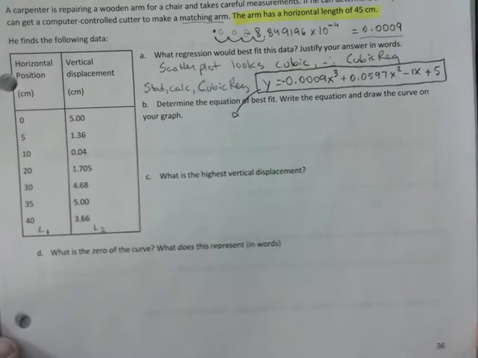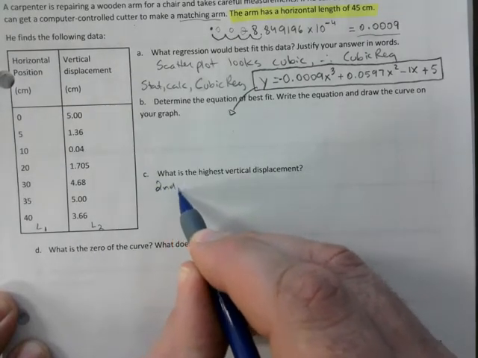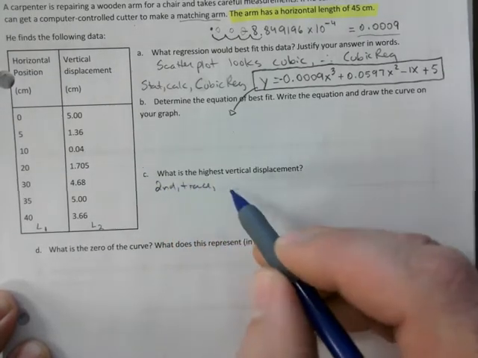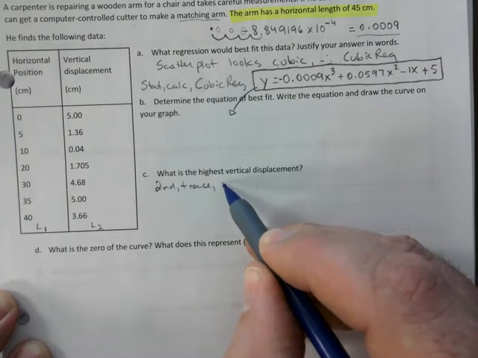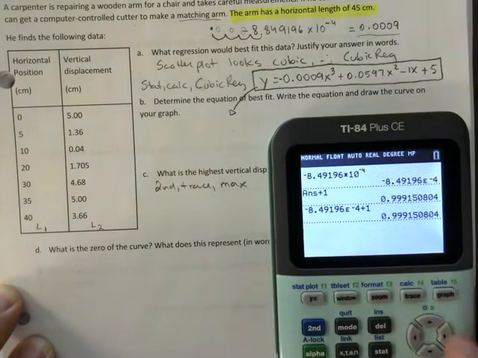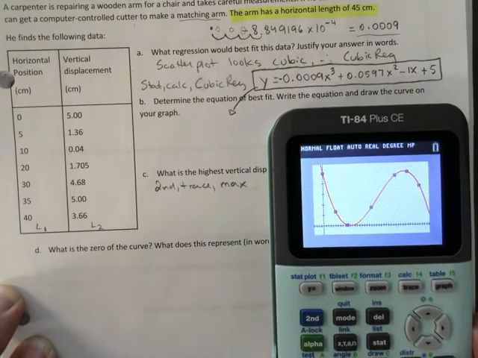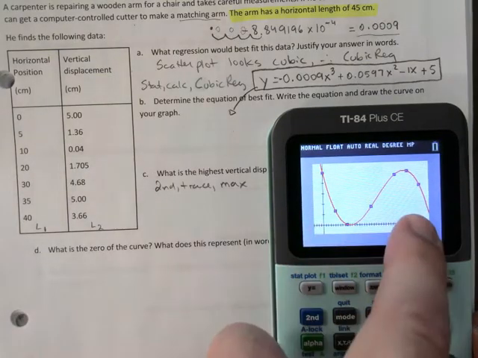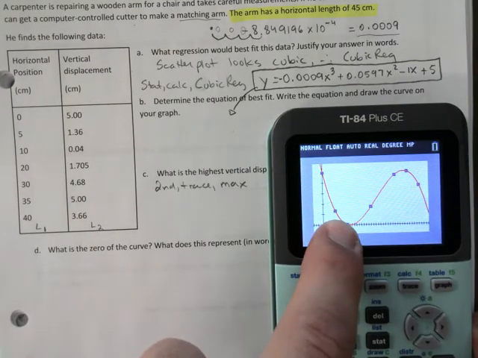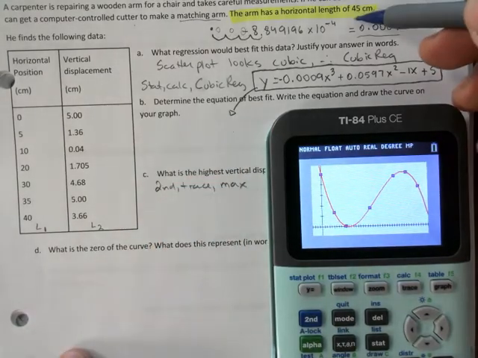The highest vertical displacement. So obviously they're asking us to find second trace max. Let's go ahead and do that. We graph this thing. There it is. Do you remember how far horizontally this armchair is? We highlighted it up here.